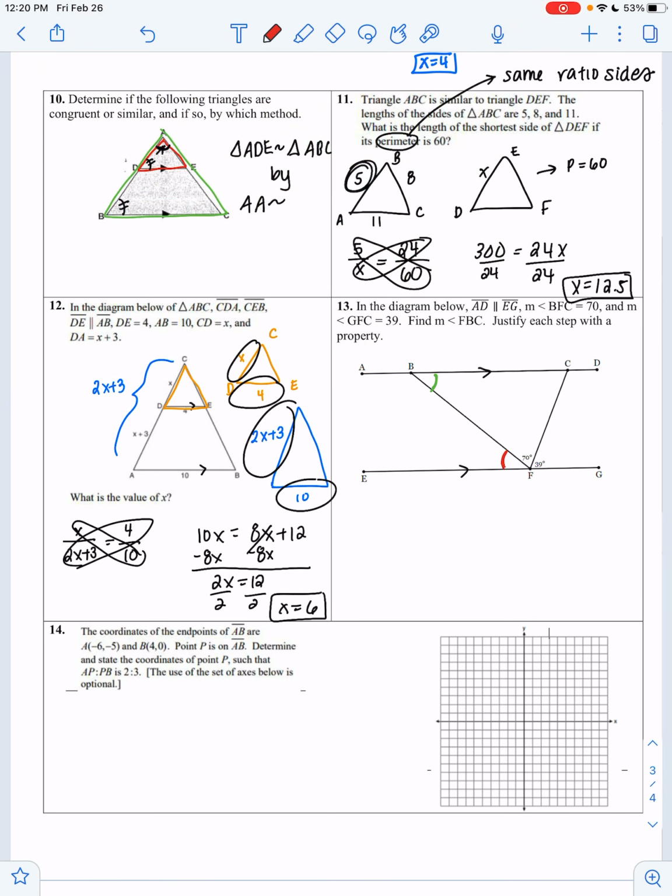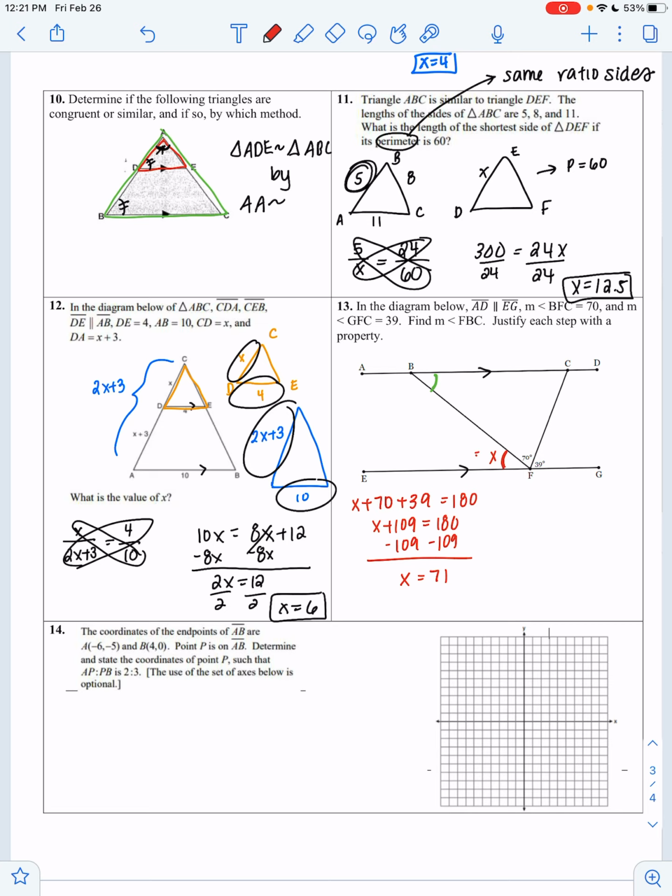Okay, my red angle. And what I know is that red angle, let's call it angle X. X plus 70 plus 39 has to equal 180, right? Because they form a straight line. So 70 plus 39, so x plus 109 is equal to 180. Minus 109 from both sides. We get x is equal to 71.